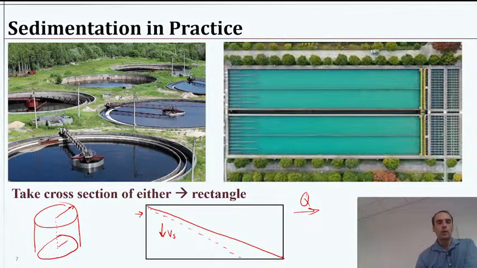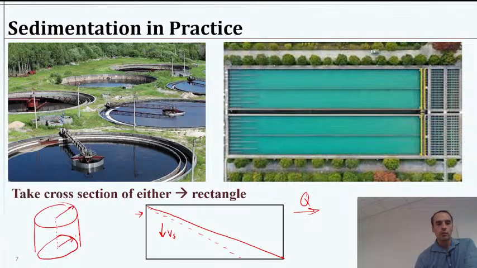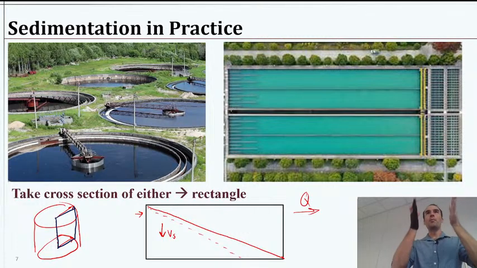The waters, we can then take a cross section for that particular flow, and I might as well make this a little more clear. And then we take that cross section here, turns out to be a rectangle, right? And then we have water flowing across, and it's the same exact rectangle as if we had just a rectangular sedimentation chamber, because this is a cross section we're looking from the side at this.